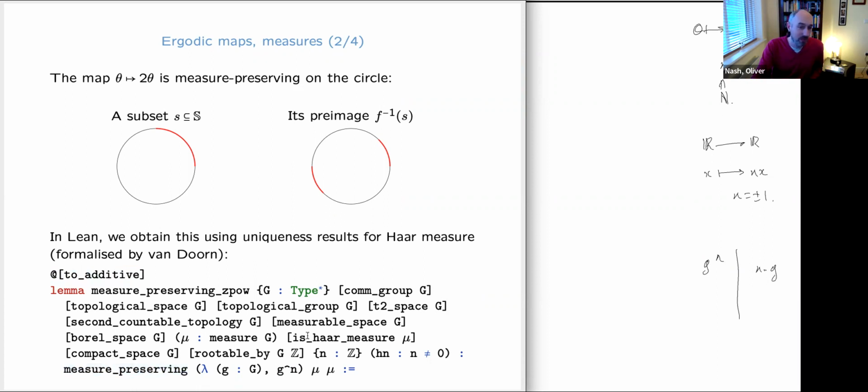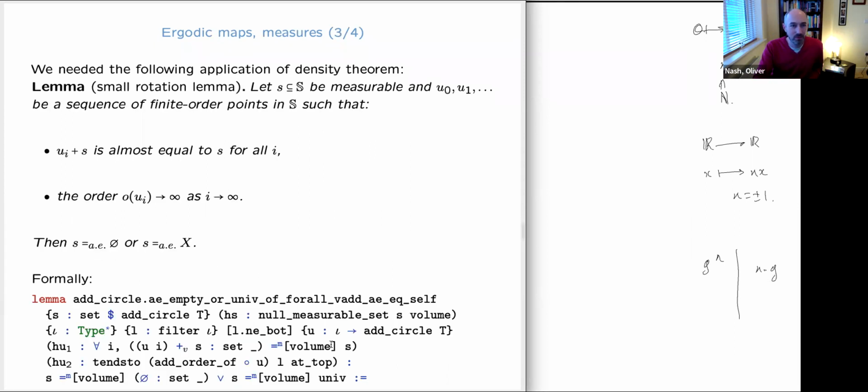Okay, so that's the statement of the measure preservingness that we want and the level of generality. As usual, when you add lots and lots of criteria, then the number of spaces satisfying them goes down. But anyway, it includes the circle and tori and so on. Okay, so that's fine. That's getting the maps to be measure preserving.